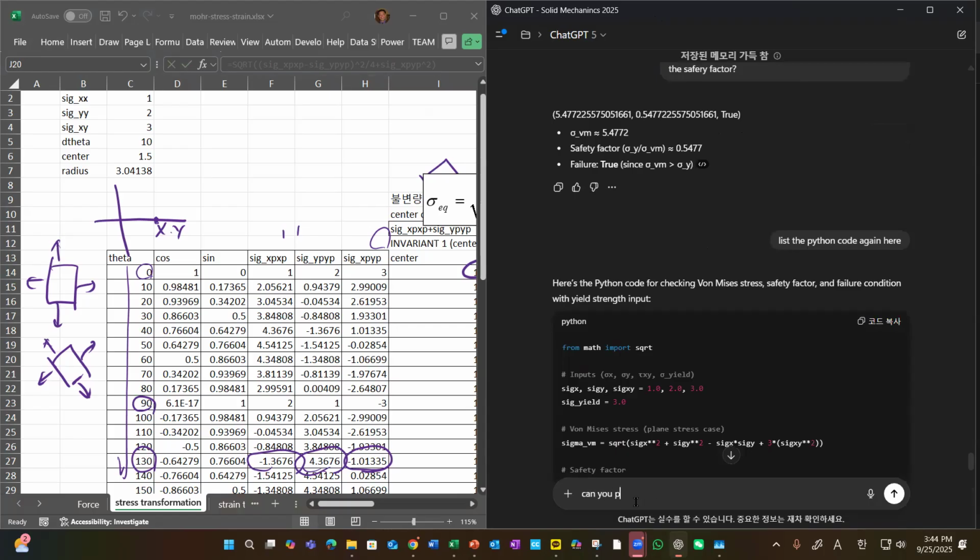Can you plot, say, the variation of stresses along with 180.